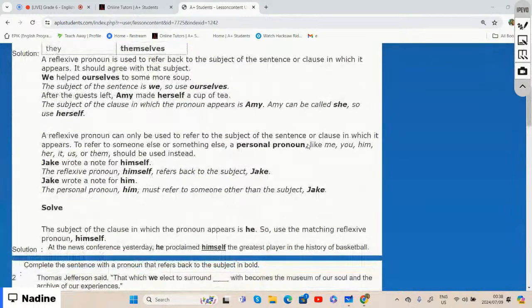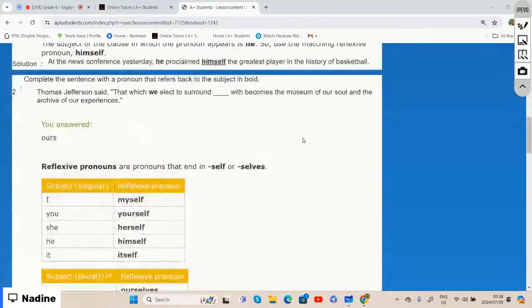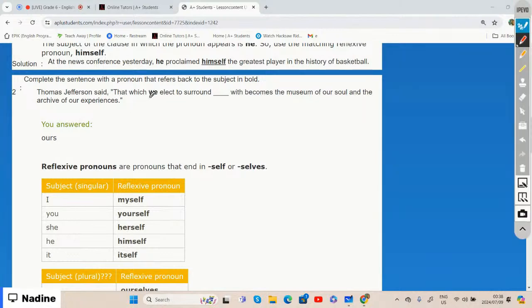All right, let's look at the next one. It says, Thomas Jefferson said that we, look at the word we, is our subject. We elect to surround, do we say ourselves, themselves, or yourselves with becomes the museum of our souls and the archive of our experience.